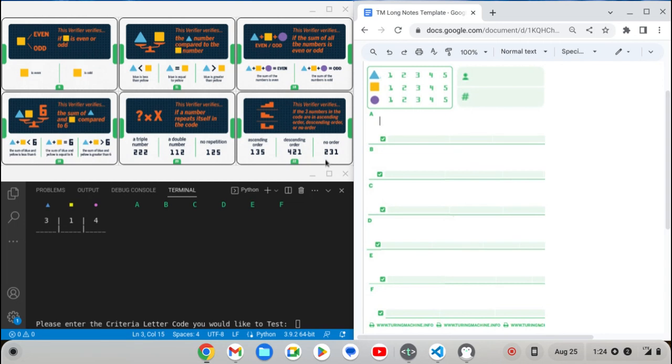If we look at the example 231, notice that it increases from 2 to 3, but then decreases from 3 to 1. That's one way that you can define the 3-digit code to have no order, where it shifts from increasing to decreasing, or in another case, decreasing to increasing.